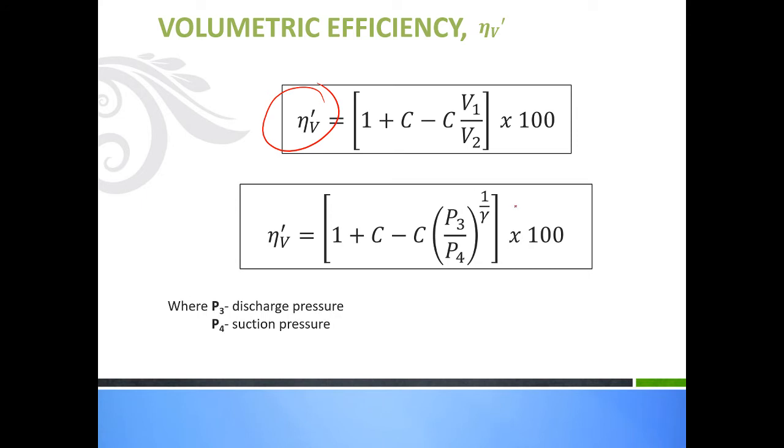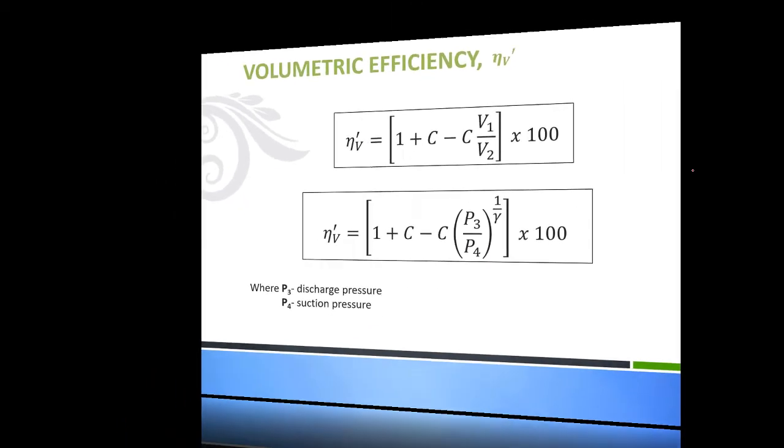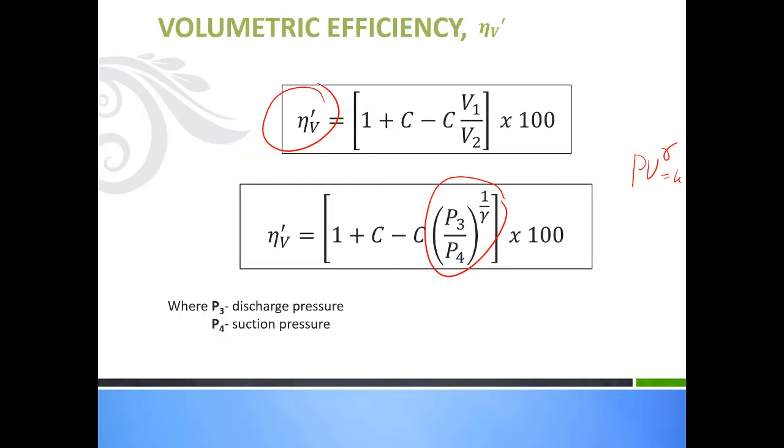Okay. If we want the equation to be in terms of pressure. Yan, palitan lang natin ng relationship nung sa adiabatic. Wherein, yung P3 is the discharge pressure, okay, and P4 is the suction pressure.